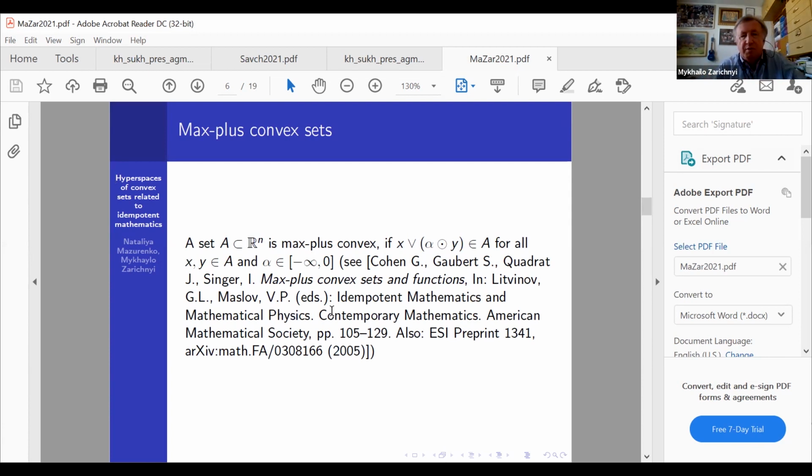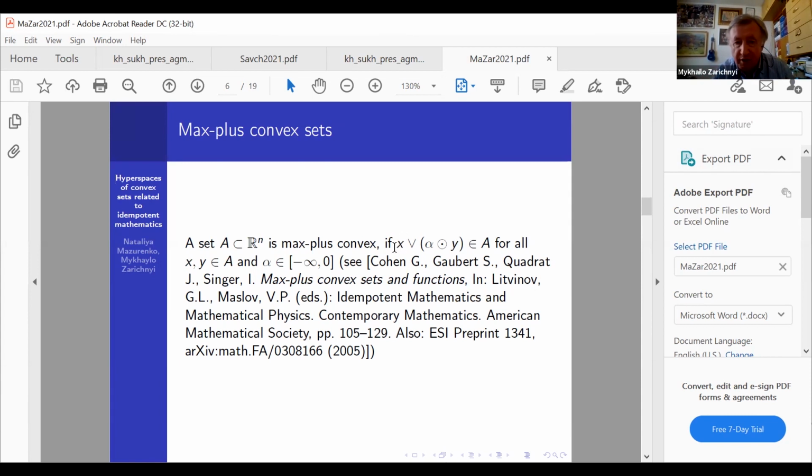in this idempotent mathematics. For example, this concerns the notion of convexity. So the notion is the following: a set A in the Euclidean space R^n is max-plus convex if, where the symbol V stands for maximum, the coordinate-wise maximum of two vectors.